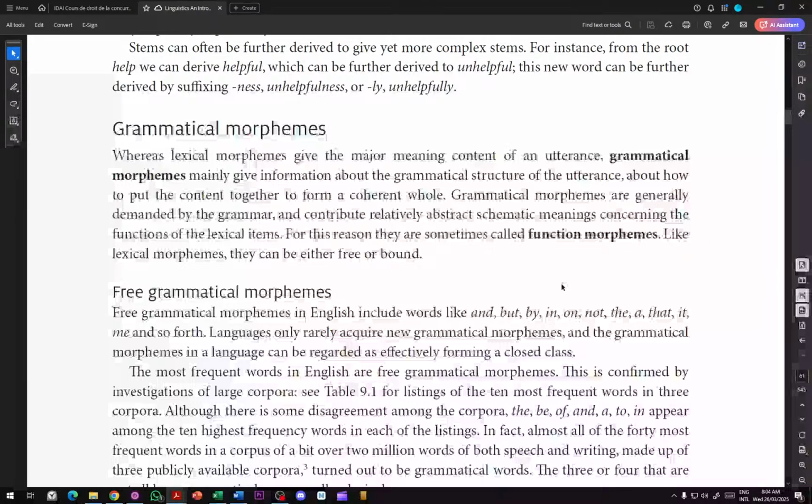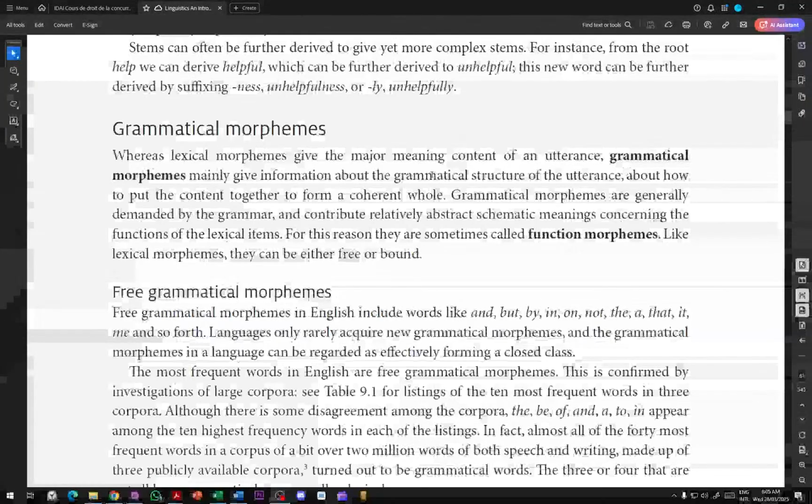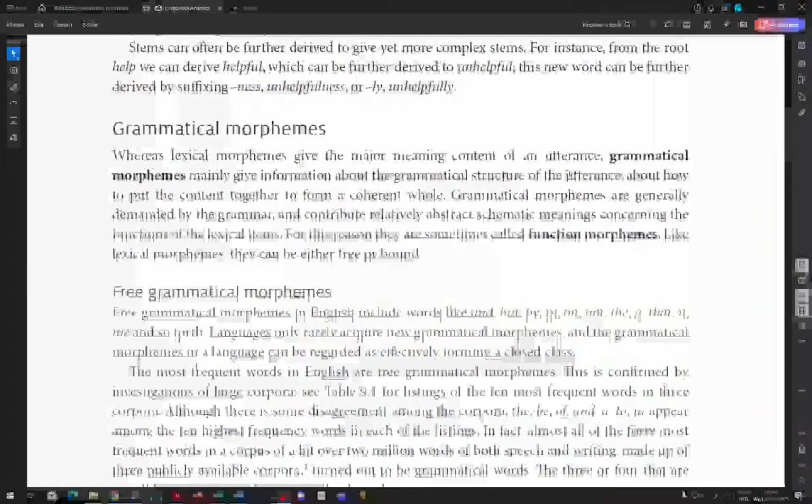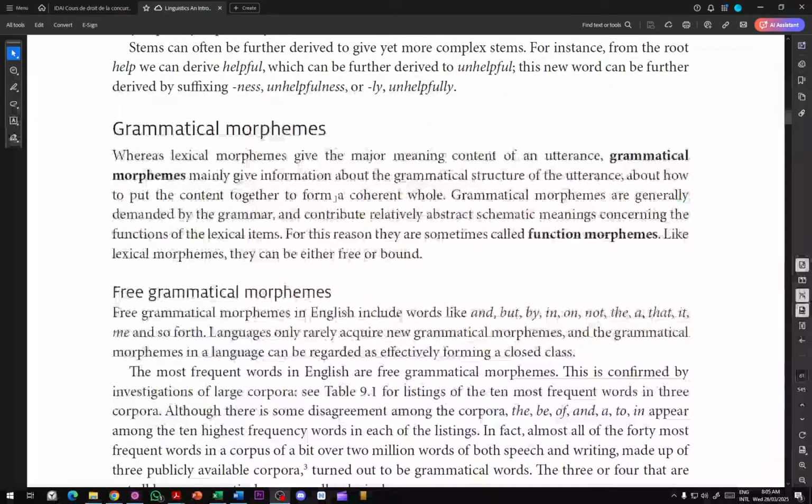Grammatical morphemes. Whereas lexical morphemes give the major meaning content of an utterance, grammatical morphemes mainly give information about the grammatical structure of the utterance, about how to put the content together to form a coherent whole.